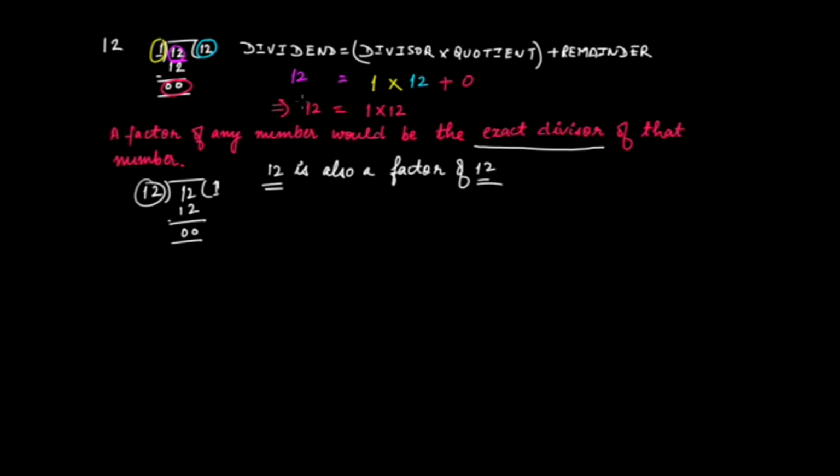So when you wrote 12 is equal to 1 multiplied by 12, you got 1 as a factor of 12, and 12 also is a factor of 12.